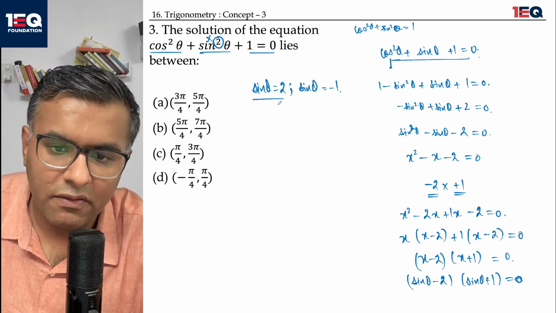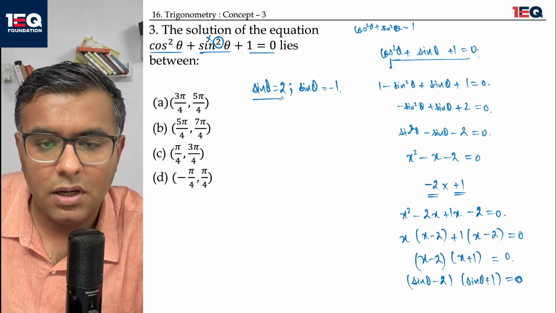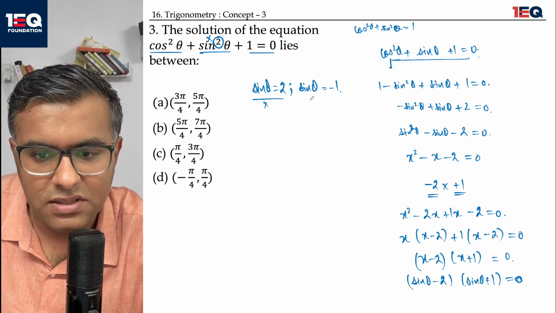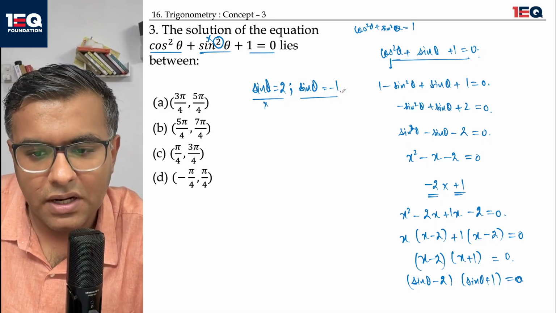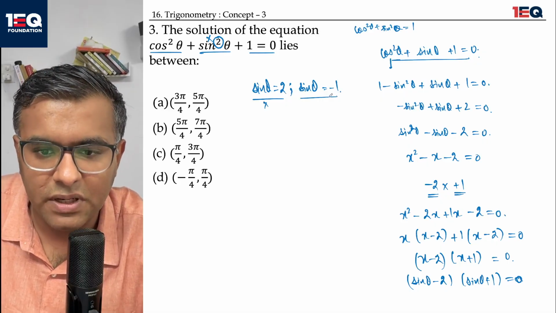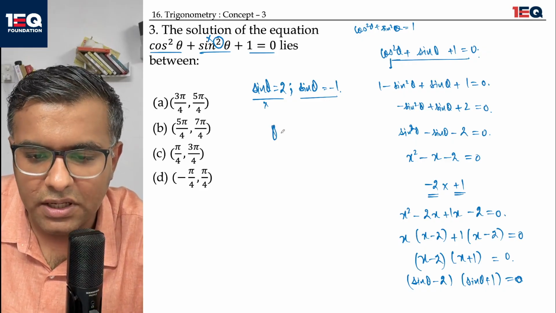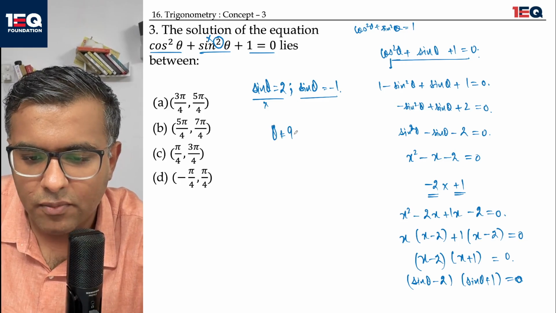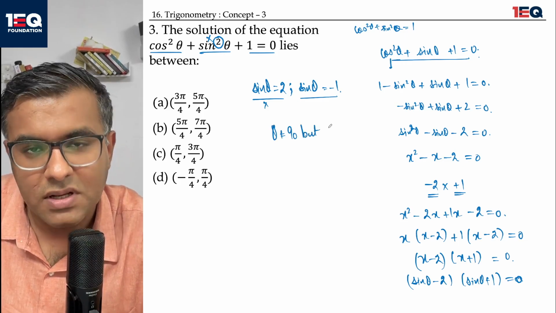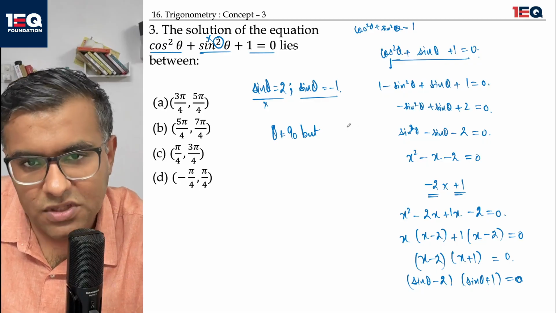Sine theta cannot have a value which is greater than 1, so this doesn't stand true. Sine theta, on the other hand, can have a value which is minus 1. That is when theta is not 90, but some other angle which is almost equal to 90.